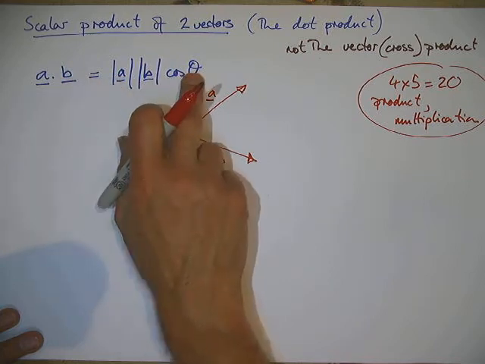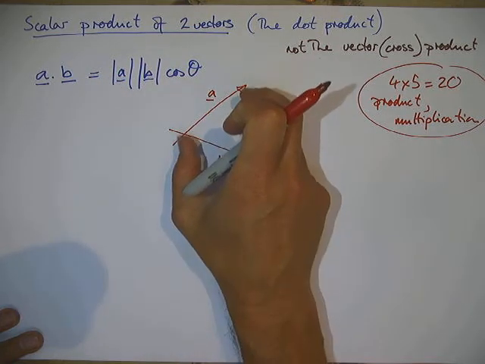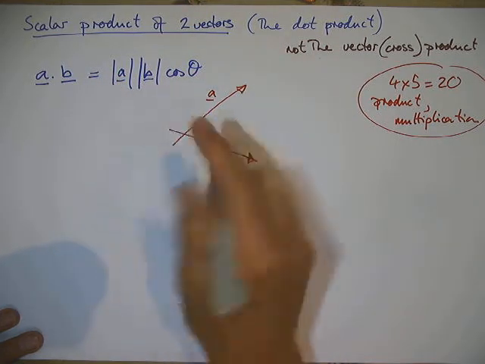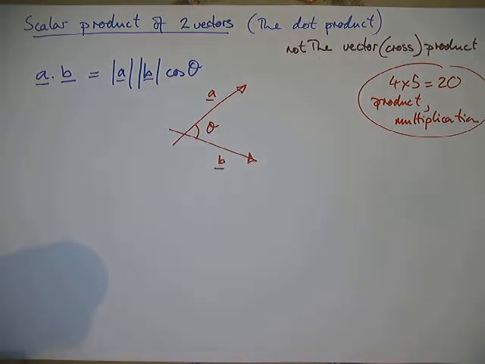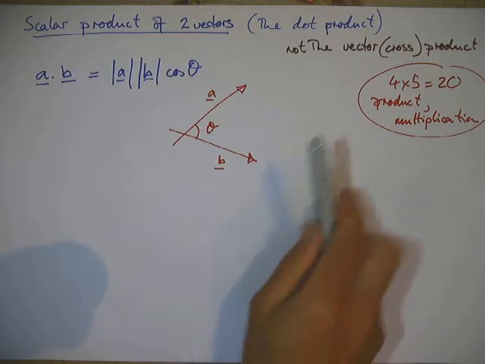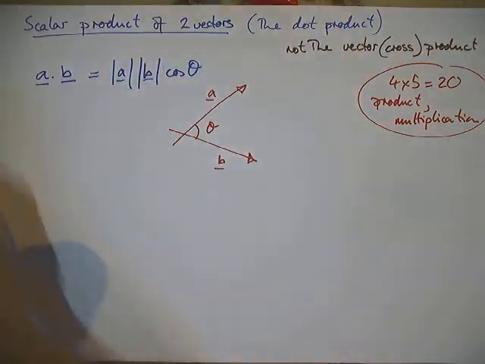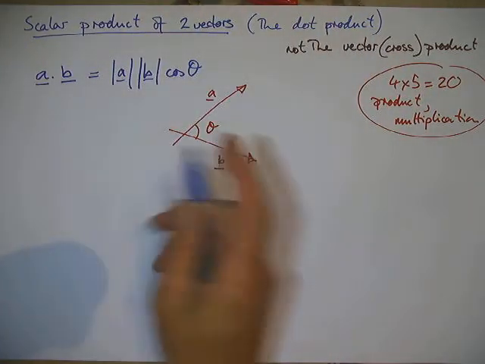The dot product is a scalar, and it depends on that length and the angle between the two vectors. And we can give that a context, we can give a use for that later.